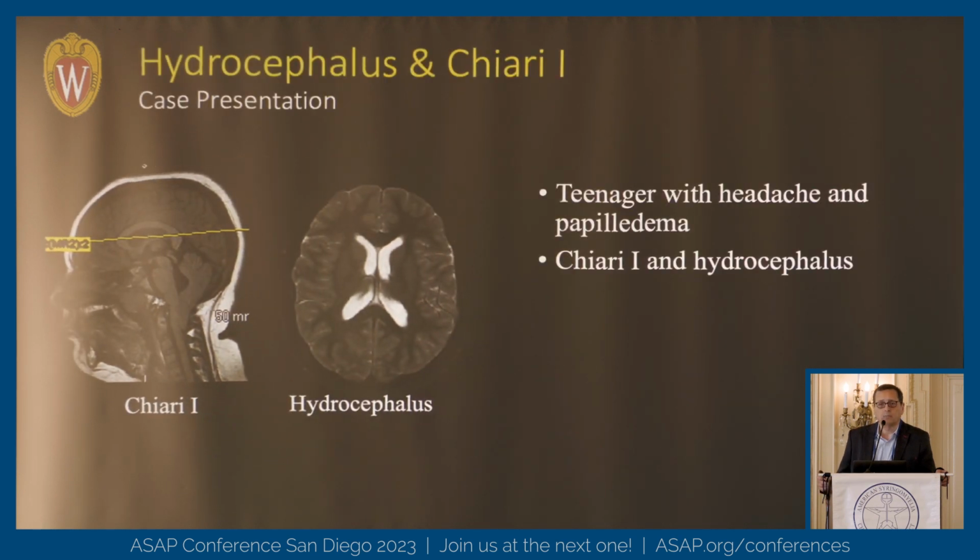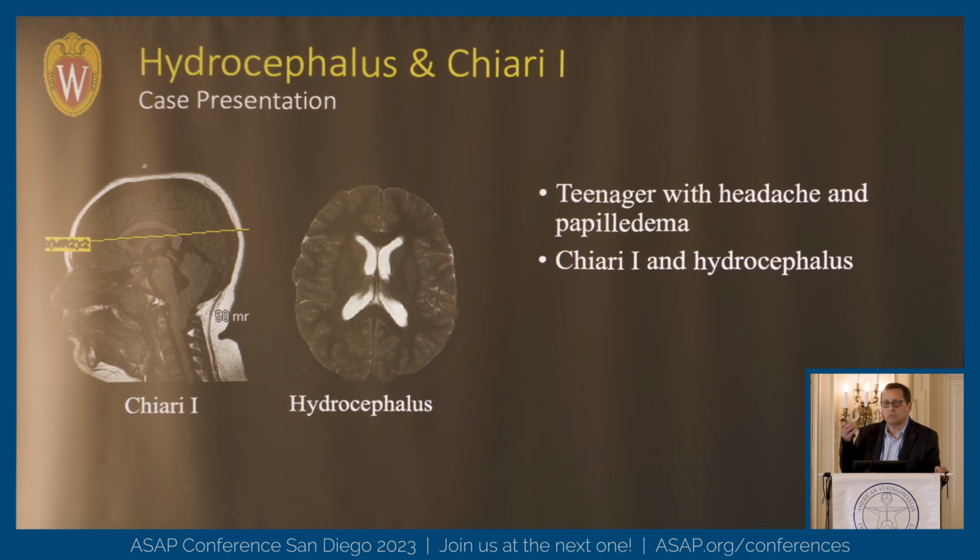So I'm going to poll the medical audience, the neurosurgeons in the room, with this particular patient. This is a child who came in with headaches and papilledema. Papilledema is an expression of high pressure in the head as seen in the eyes. So you look with an ophthalmoscope, you see swollen optic nerves, that's papilledema, that means your pressure is high. And this is the scan. You have a significant Chiari I and hydrocephalus.